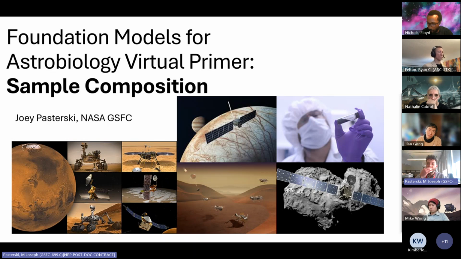So I chose this selection to highlight things like Europa Clipper and Rosetta, and you can see the OSIRIS-REx sample there as well, and Dragonfly, which is the mission that I'm working on, and then comparing those missions to comets in the outer solar system to Mars that's been much more highly studied. Those kinds of disconnects and mismatches in data sets and data quantity are going to be pretty crucial for building any kind of foundation model.